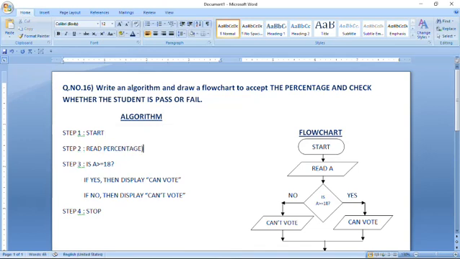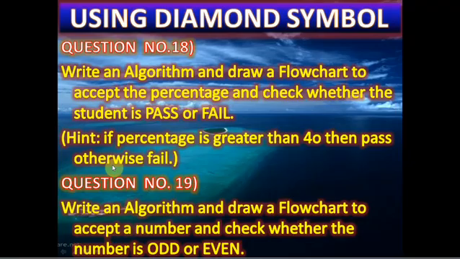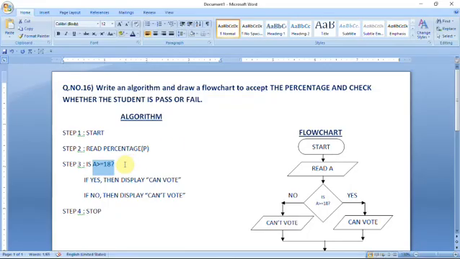For percentage I want to give one variable, p. And in the question also you can see the condition: if percentage is greater than 40 then pass, otherwise fail. This condition is given, so the same condition you have to give: p greater than or equal to 40. Is p greater than or equal to 40? If yes, then display what? Pass.